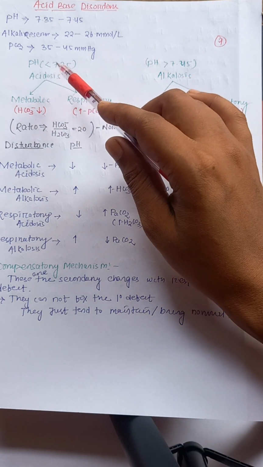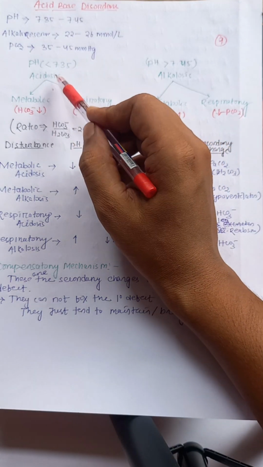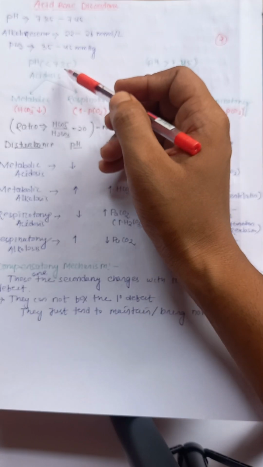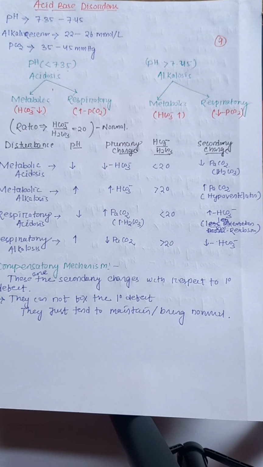First see what happens. If pH is less than 7.35, it means acidic pH, and there will be a case of acidosis. Acidosis can be of two types: one is metabolic and another is respiratory. Metabolic acidosis means there will be a defect in the bicarbonate.